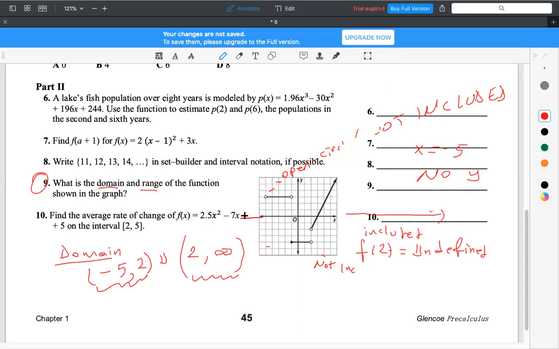Since when I go there, -6 is here, -7 here, do I have any y value? No. It is finished here. So for example, if this is 2, this is -4, 2 is in the domain, but -4 is not in the domain.